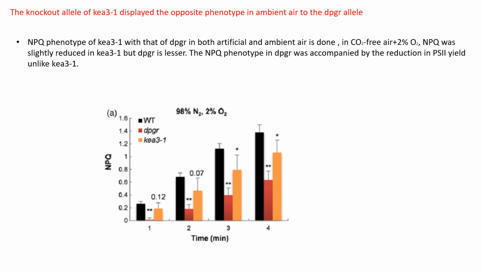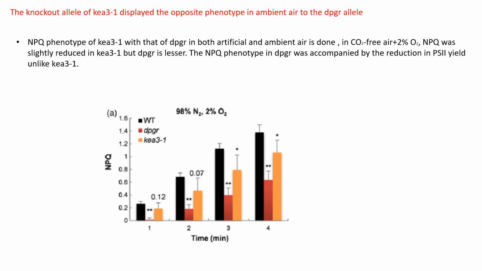In fact, it had the opposite phenotype. When compared, we see that the KEA3-1 mutant has a reduced NPQ as compared to the wild type. However, the DPGR mutant has lesser NPQ than the wild type or the KEA3 knocked out mutant.